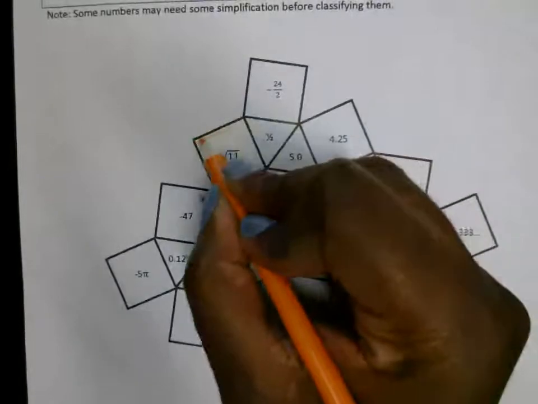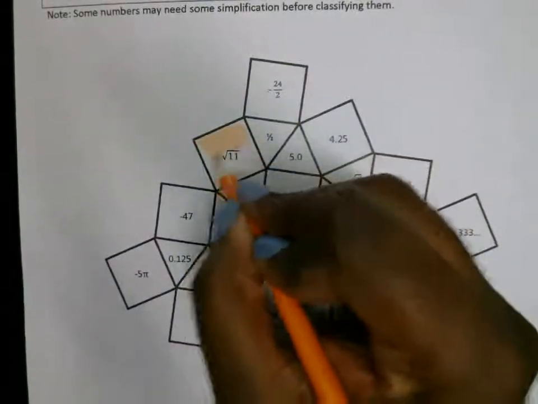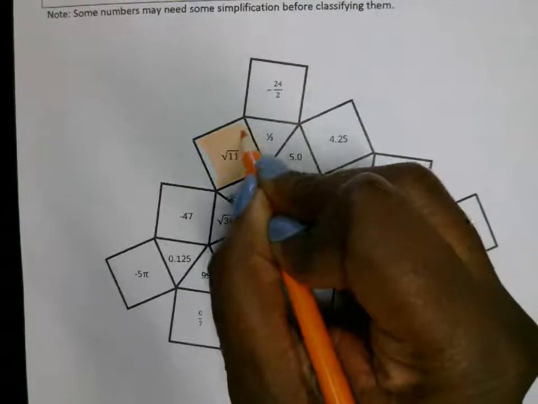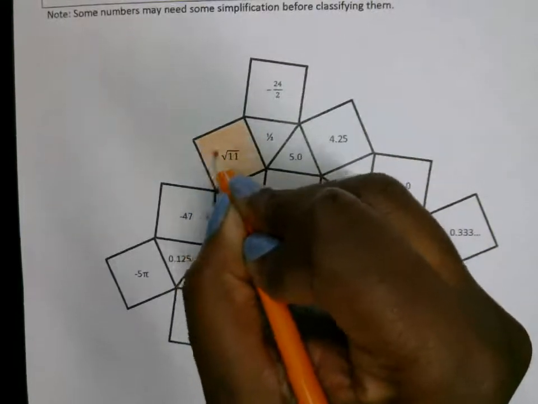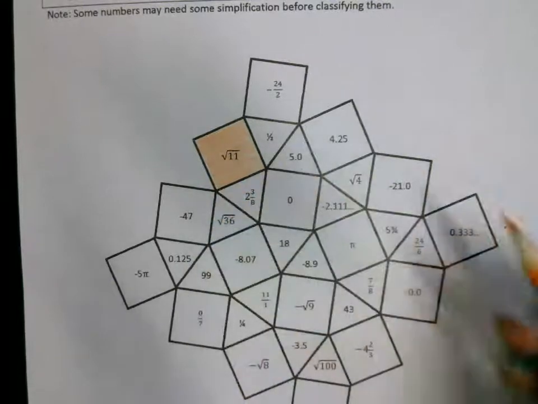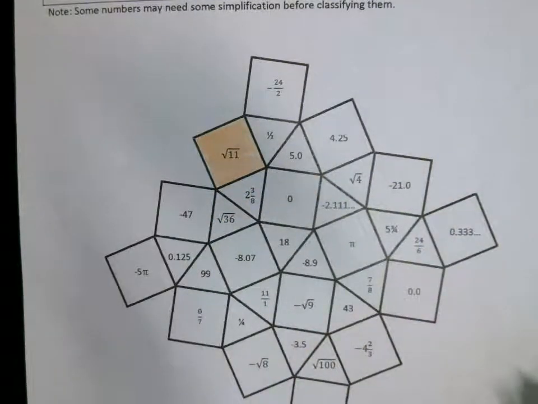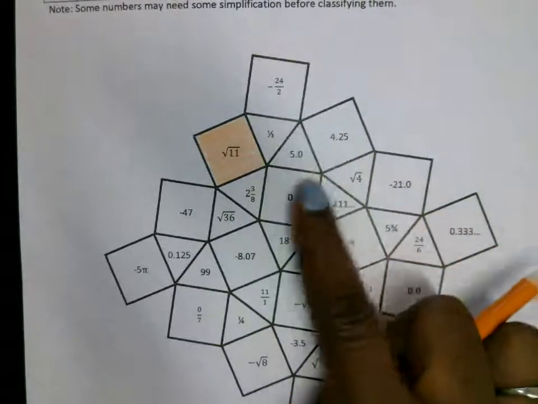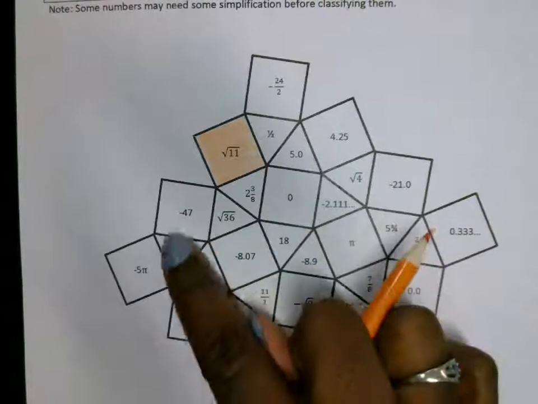Square root of 11. That should be colored. Very good. Any more non-perfect roots? 5. Do we have a square root of 5 somewhere? I don't see a square root of 5.